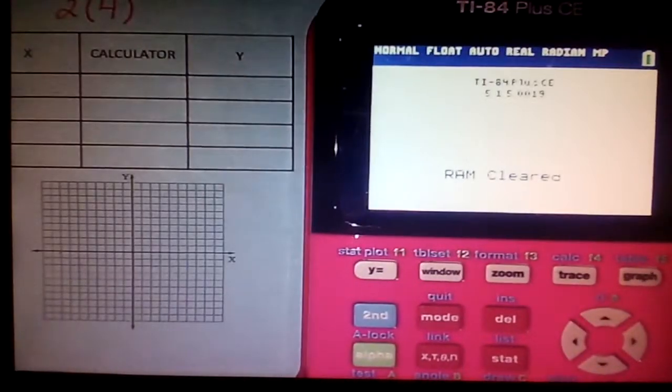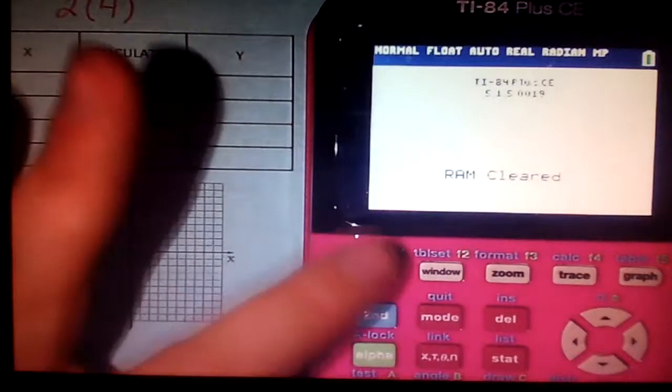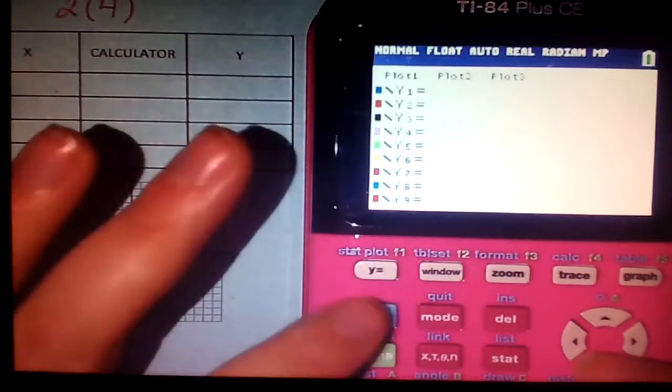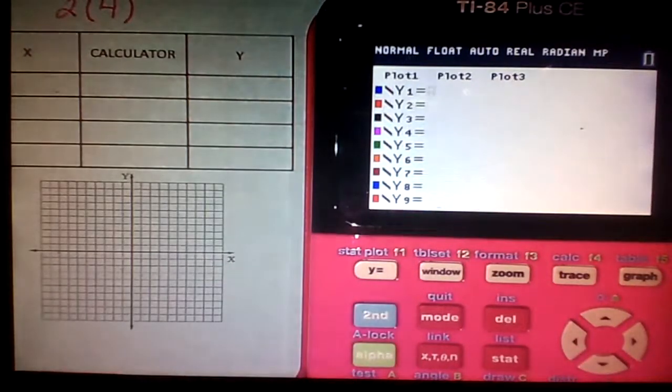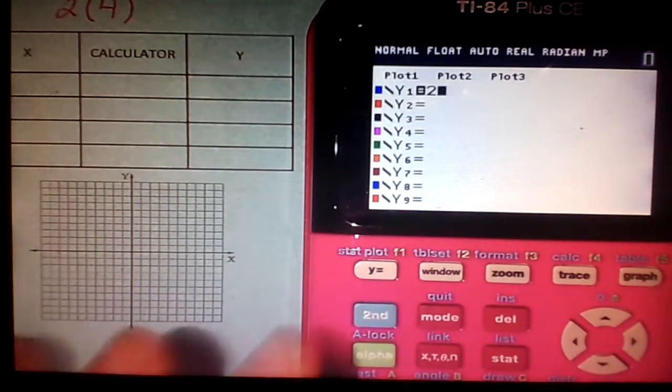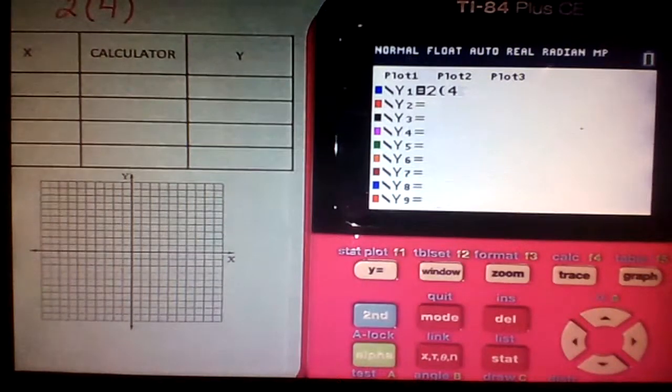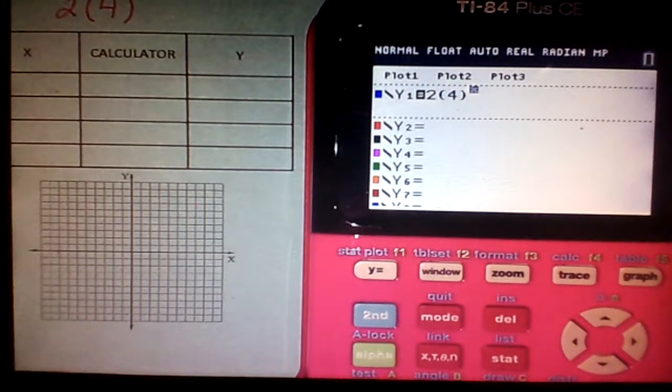Go to y equals, and you're going to type this in exactly how you see it: 2, open parenthesis, 4, close parenthesis, and to get that exponent, I hit my caret key and type in x.